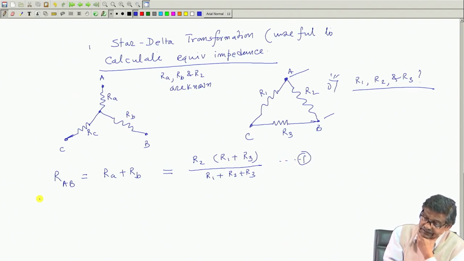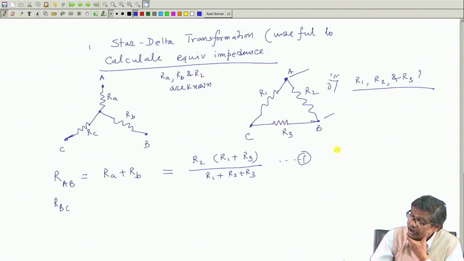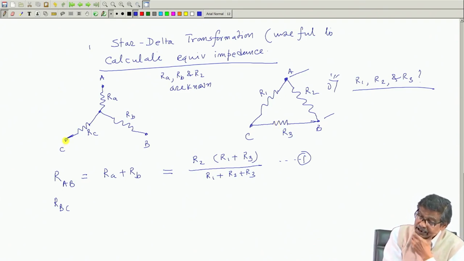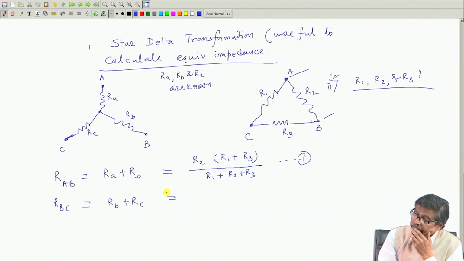Similarly, across BC, if you calculate RBC from this circuit and from this circuit, they must be equal, then only these two will be equivalent. In that case, between B and C, at A you have connected nothing. So, I will say RBC with nothing connected to A is RB plus RC, and this should be equal to R3, it will be in parallel with R1 and R2, is it?